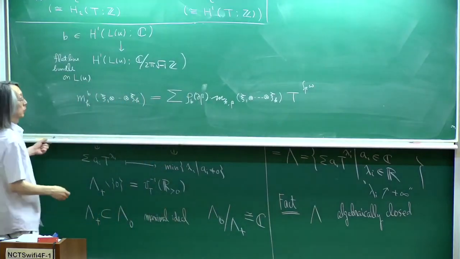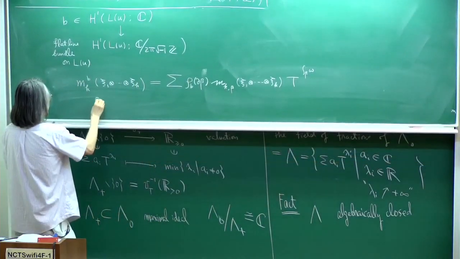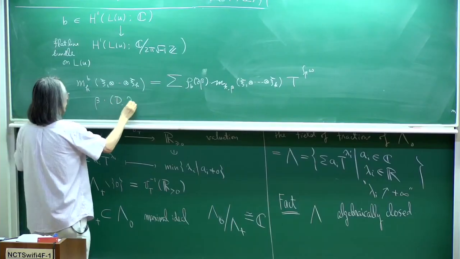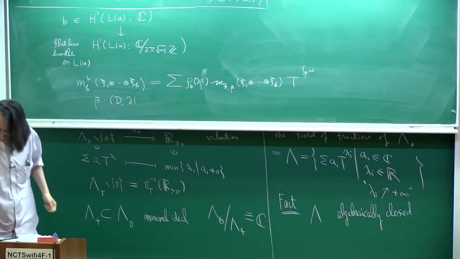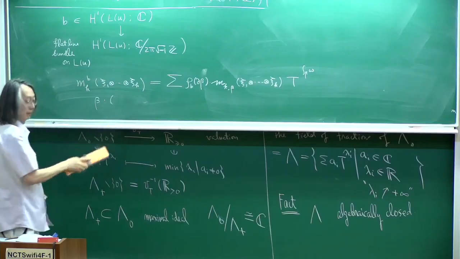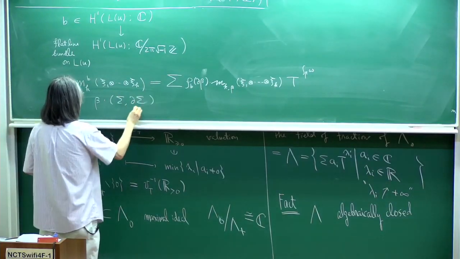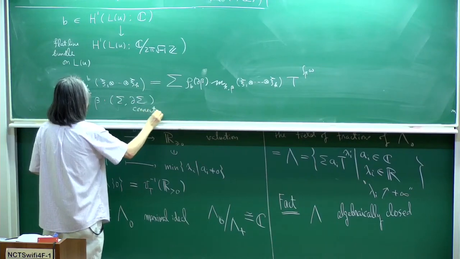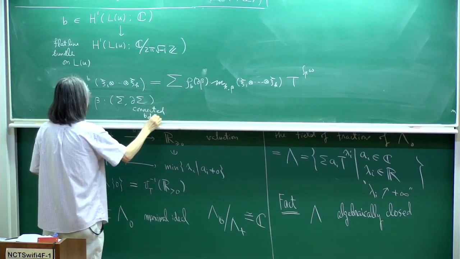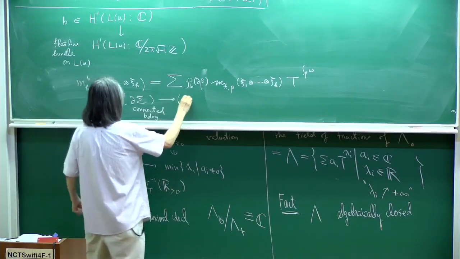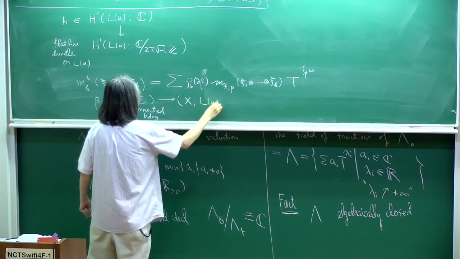Namely, beta is a map from D, sorry, not the disk. This is a connected boundary going to this X of LU.